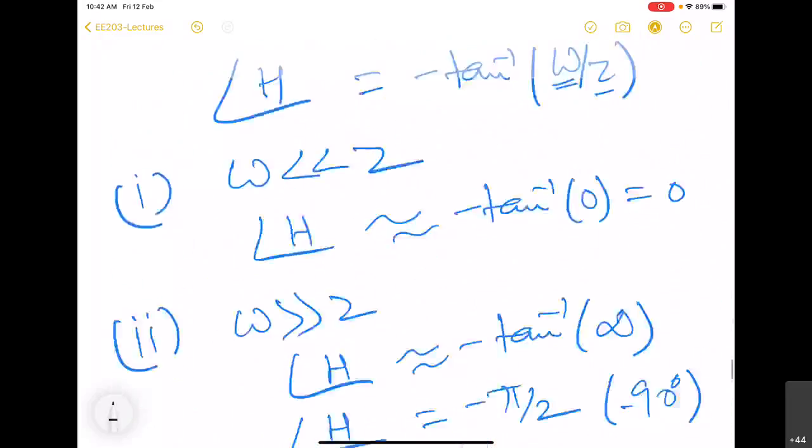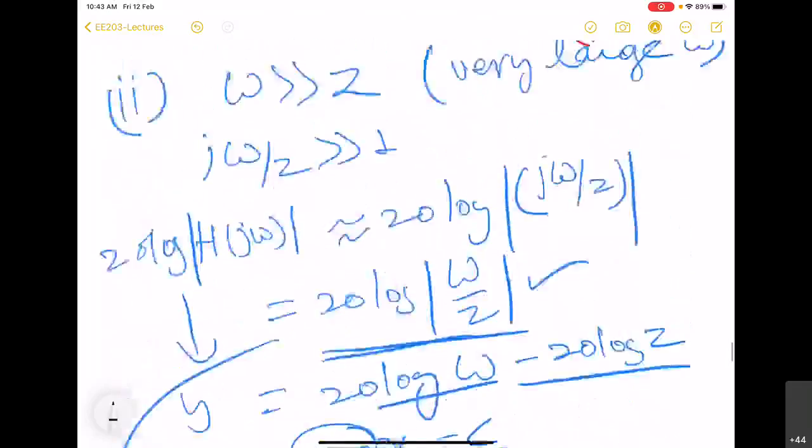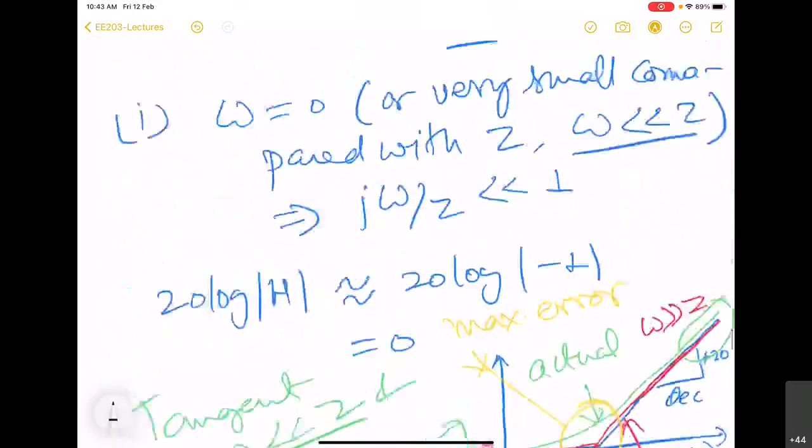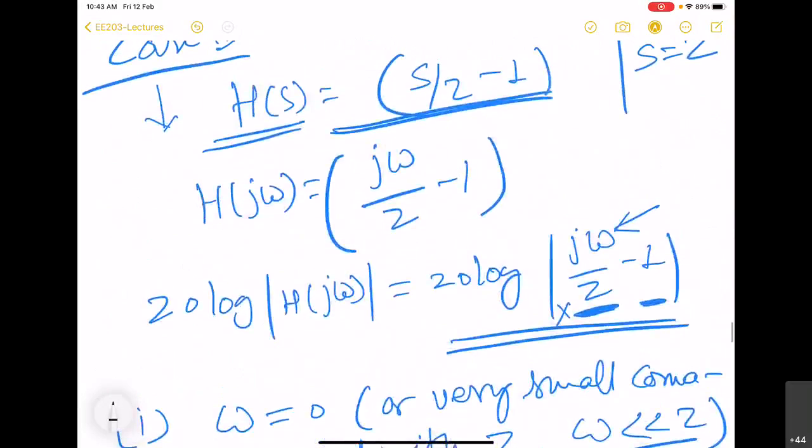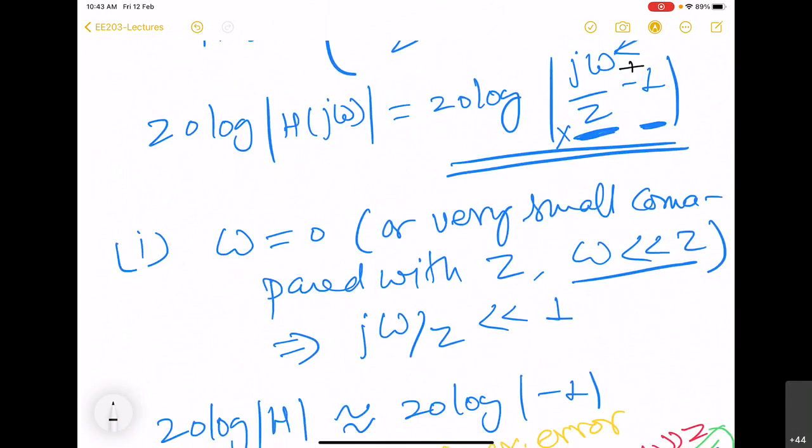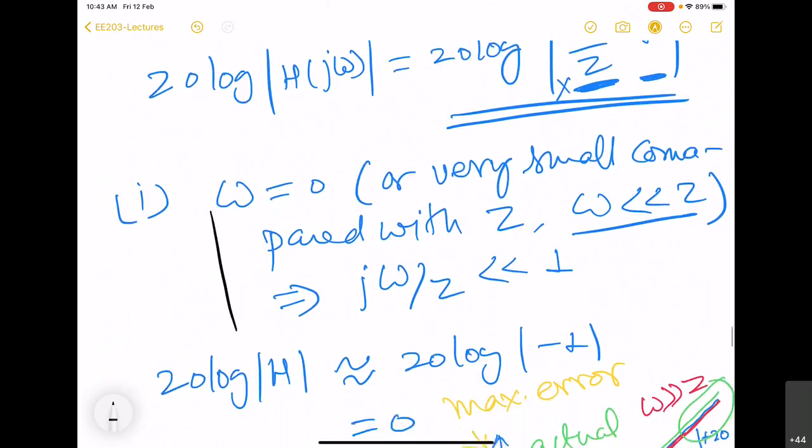So if you go for the magnitude plot here, we had a negative sign, and now we are going to have a positive sign. So let us put a positive sign and see where modification occurs. When you put a positive sign here, you can see that this part remains as it is.